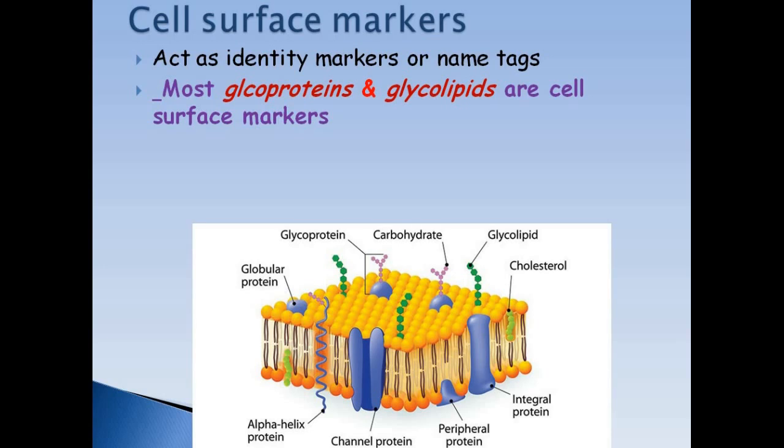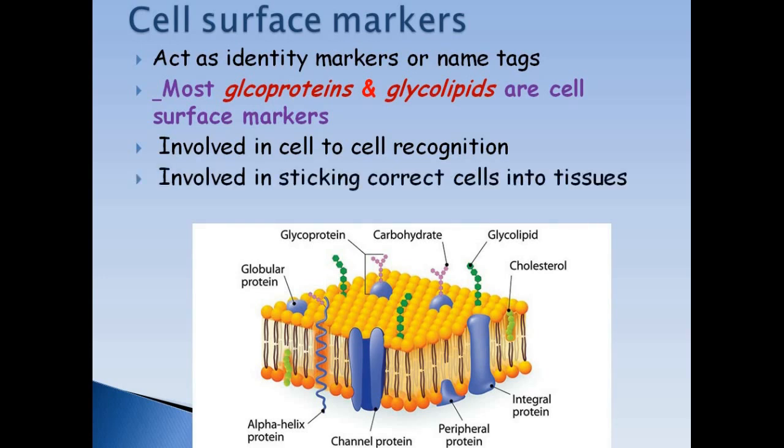These glycolipids and glycoproteins act as cell surface markers or tags. They are specific in nature, meaning each and every cell has its own specific type of glycoproteins and glycolipids. So these are used for the recognition of the cell, and also for the sticking of the correct cells when they are making tissues, then organs and organ systems.